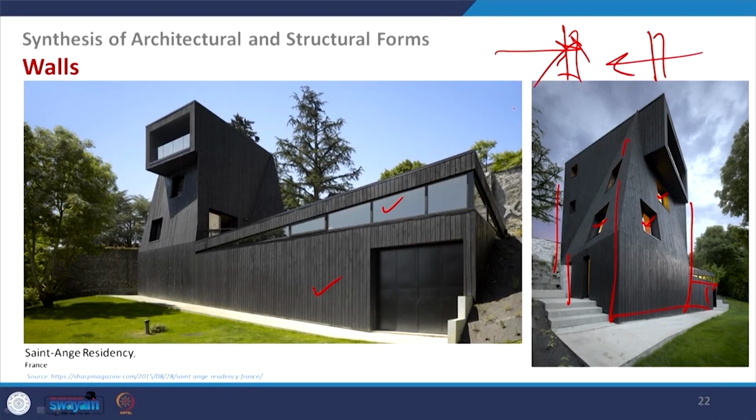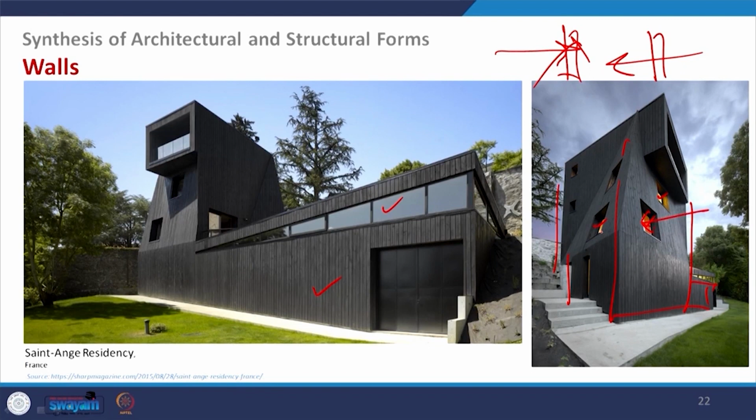Here we can see that the use of glass can give a visual connection for the people staying inside to the outside world, but here the predominant structural form is the wall, which is creating this architecture.